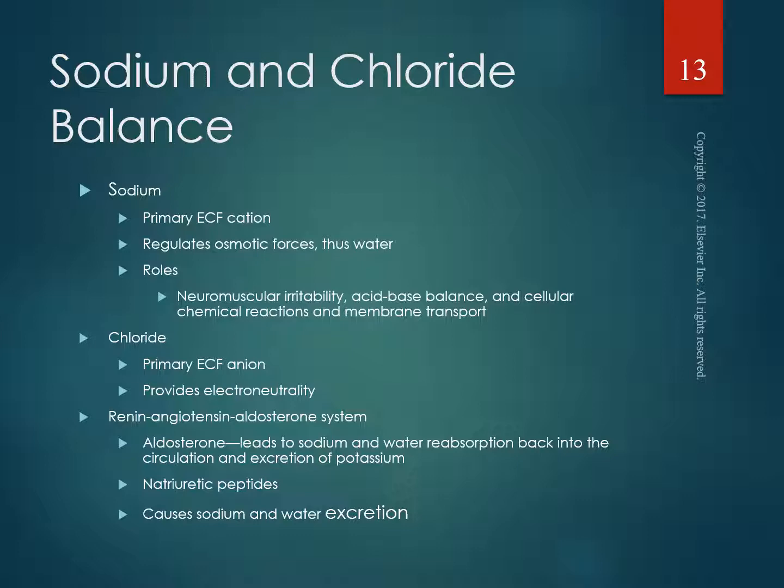The sympathetic nervous system assists the kidneys in sodium regulation by changing the glomerular filtration rate, which is a reflection of the renal blood flow. Increasing the glomerular filtration rate increases sodium excretion. Decreasing the glomerular filtration rate decreases sodium excretion.